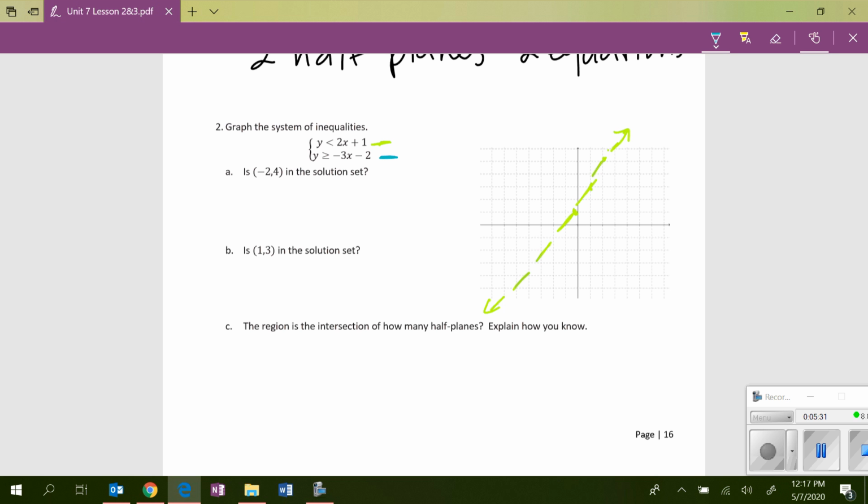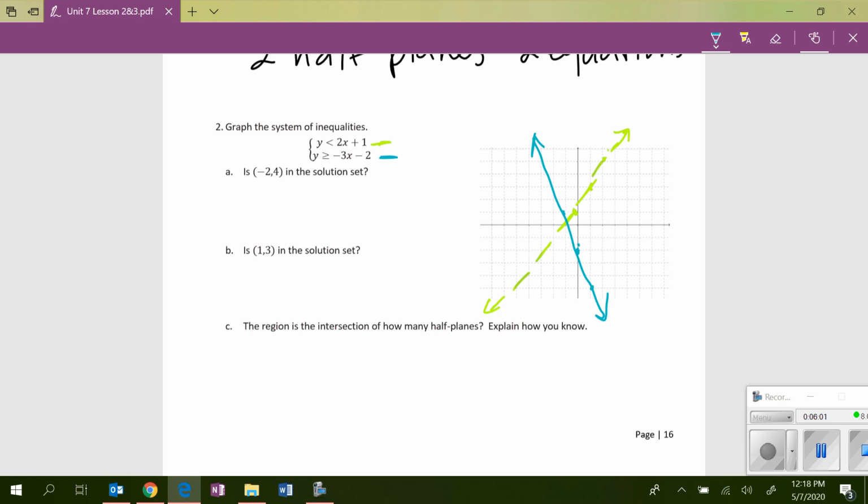And y is greater than or equal to -3x minus 2, so my y-intercept is -2, and a slope of -3 means I have to go down 3 and then right 1. It also works if I wanted to go up 3 and left 1 instead. Since we have that equal to sign on the bottom, I've got a solid line.